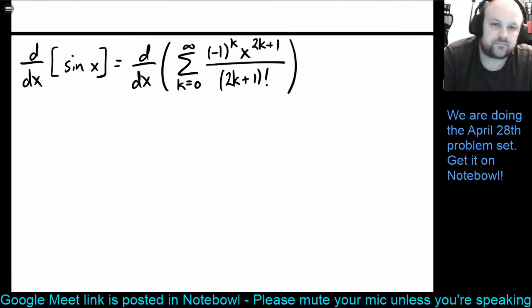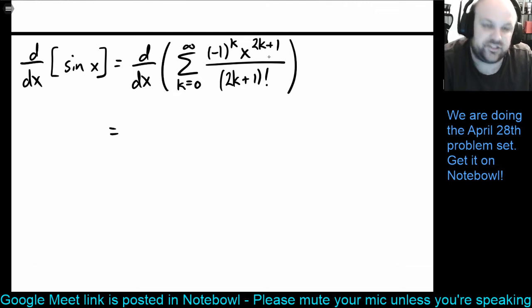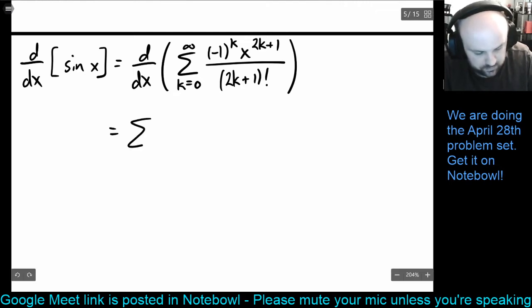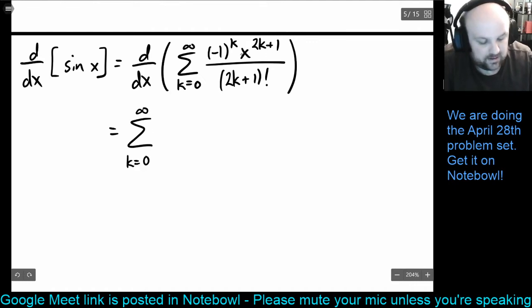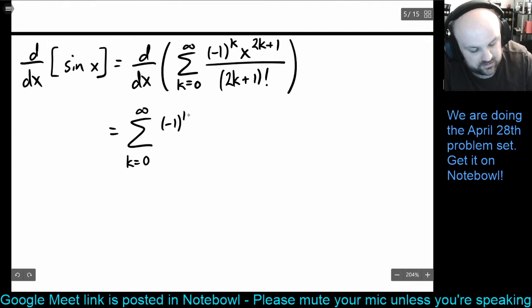So with that in mind, we want to differentiate this. Remember, we can differentiate term by term. So k equals 0 to infinity. This x to the 2k plus 1 is the only part that has variables in it. It's the function to differentiate. The rest of it is just a coefficient, so we let all this stuff be as it was.